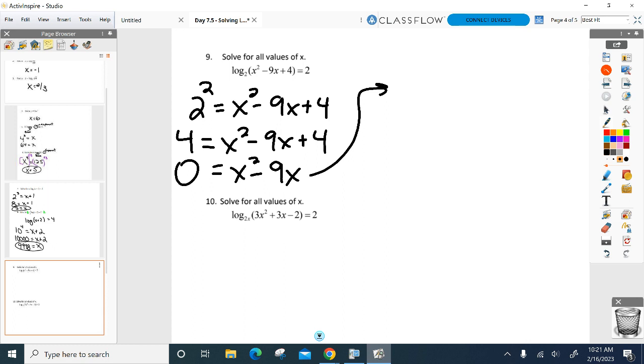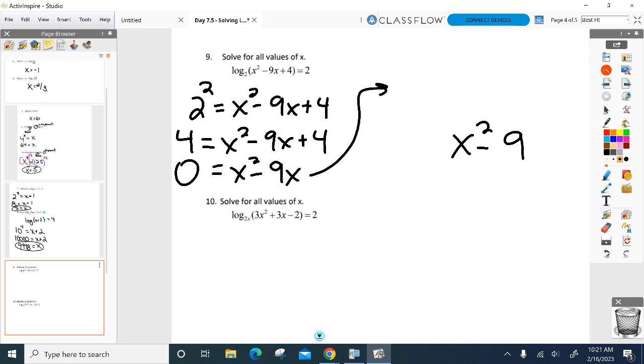Difference of 2 perfect squares. You square the 9, so it would be x minus 3 and x plus 3. Not difference of 2 perfect squares. X squared minus 9 would be x plus 3, x minus 3. What do I beg you to always look for first?